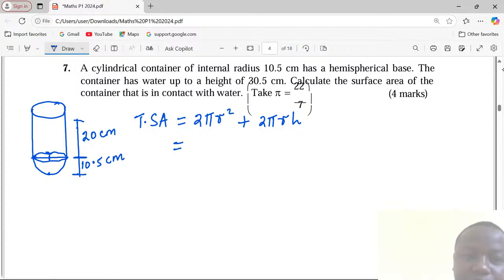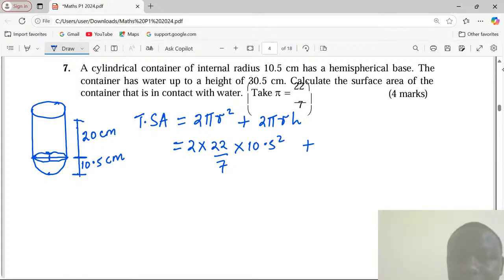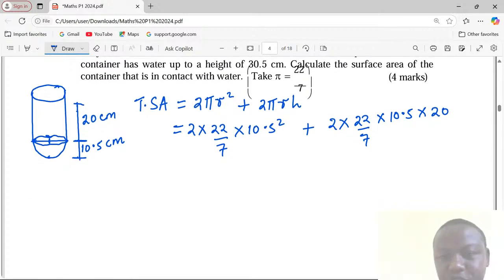So we need 2 multiplied by pi, 22/7, multiplied by a radius of 10.5, then we square. Then we add 2 multiplied by pi, multiplied by a radius of 10.5, then multiplied by a height of 20. Yeah, the height is 20.